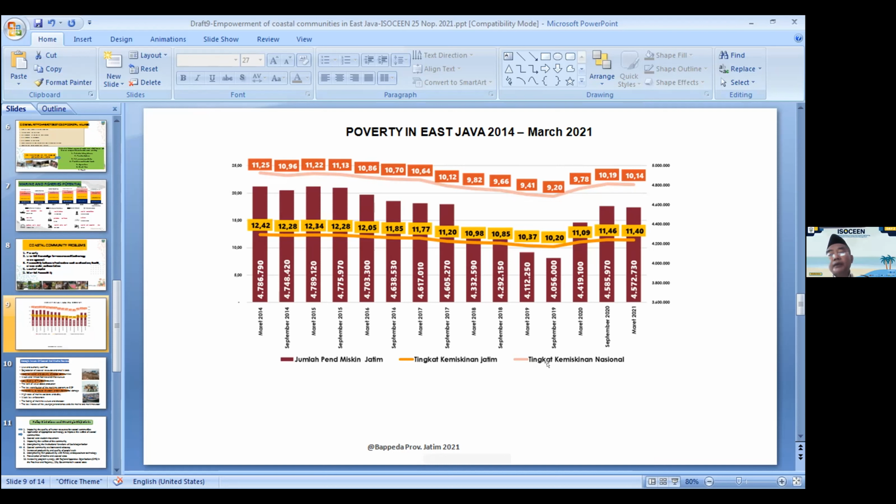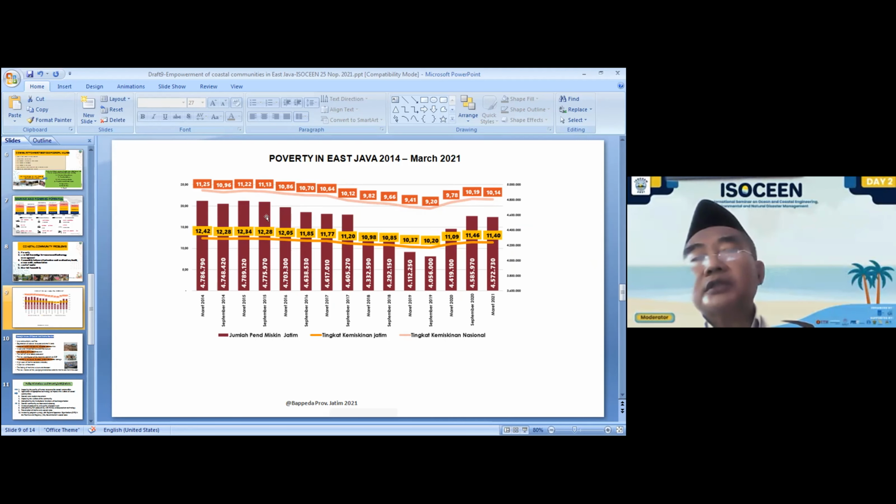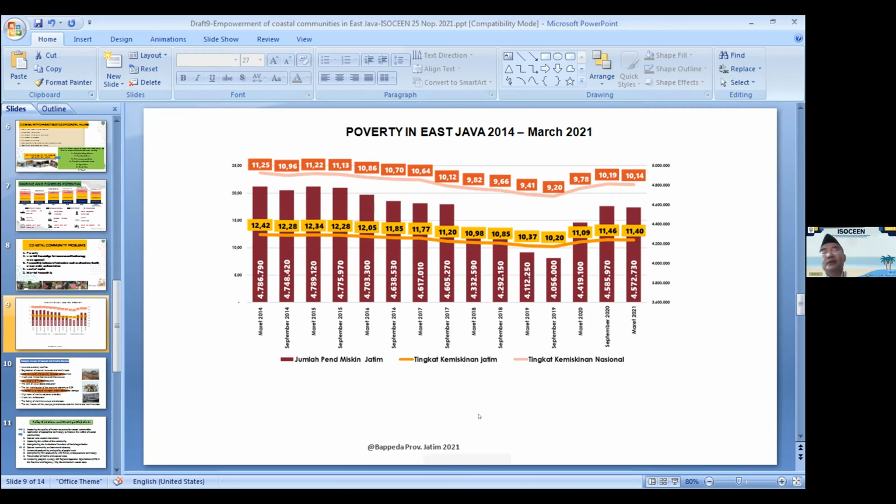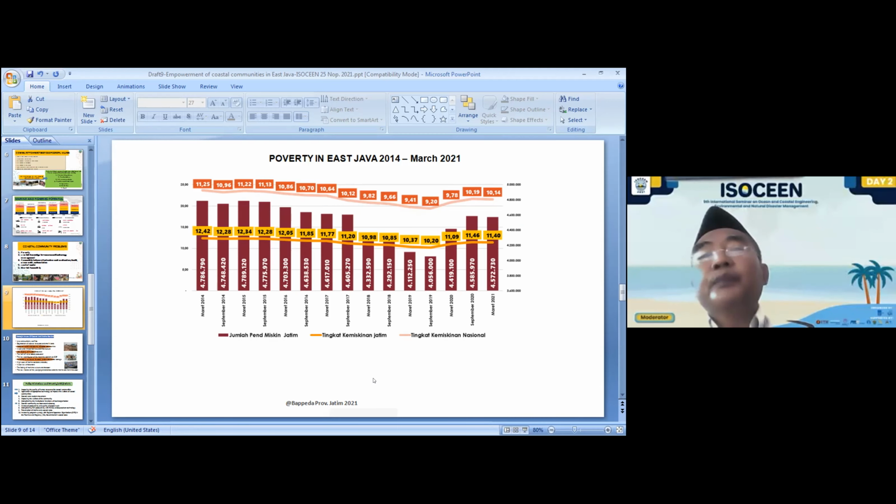The pink one is the level of Indonesia. We can see that the number in East Java is higher. Normally, the average is higher than national. I think it's contradictory, because East Java should be less than national in poverty.